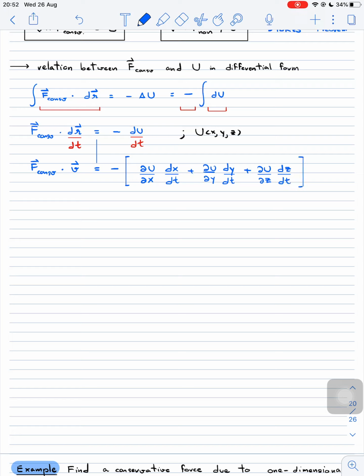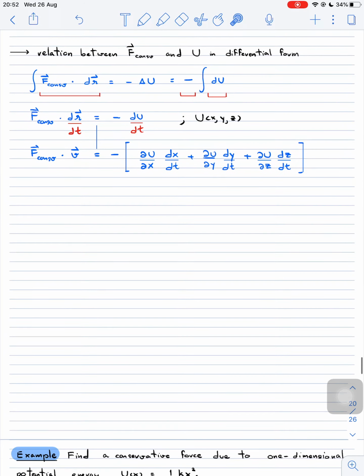We just use the chain rule for this one. We find the partial derivative of u with respect to x, y, and z, and multiply with dx by dt, dy by dt, and dz by dt, because x, y, and z depend on t. That's why we write the total derivative here.